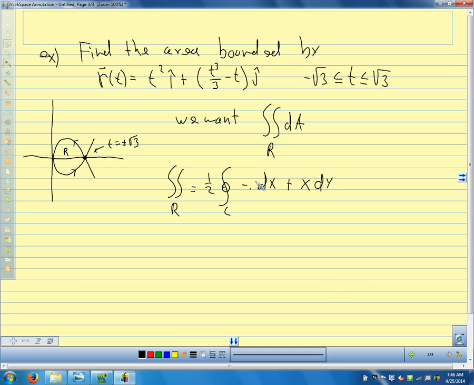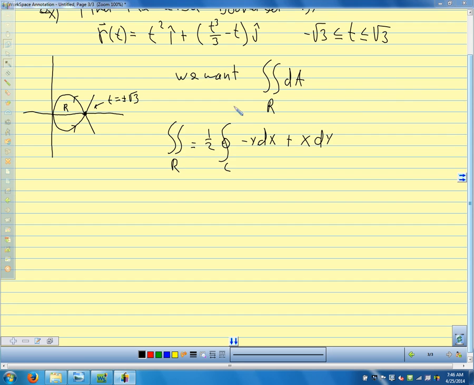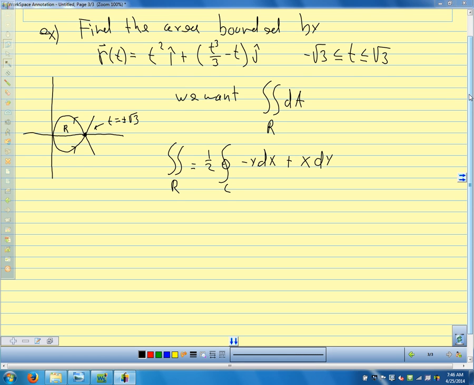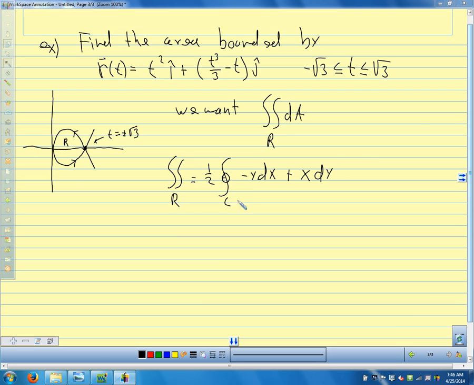So Green's theorem tells us that we can evaluate this line integral around the closed curve and come up with the area. And I'll write down the alternative forms as well, but I want to evaluate this one first. So x here is t squared, so dx equals 2t dt.